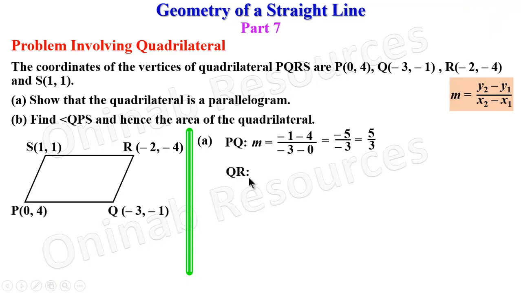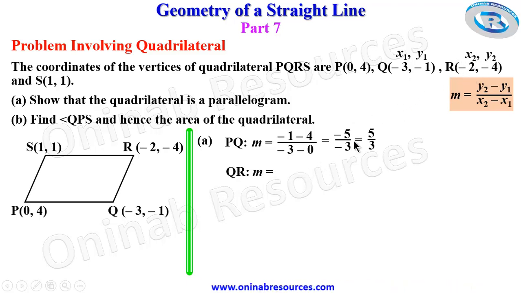Then we go for QR. For QR, we still find the gradient m, where our Q is going to be x1, y1, and our R will be x2, y2. So y2 minus y1, that is -4 minus -1.